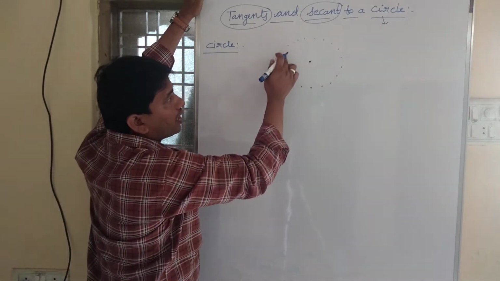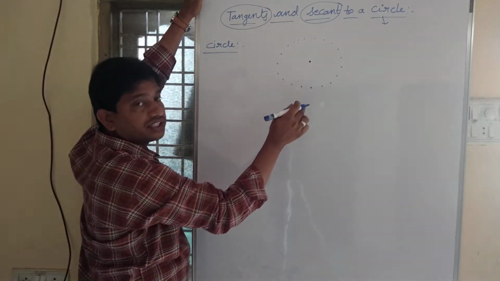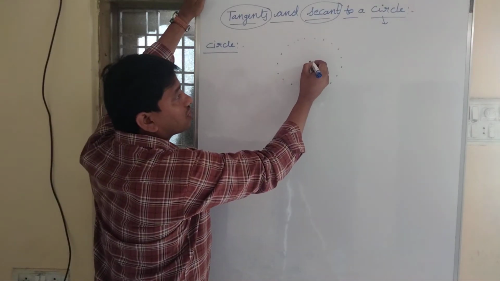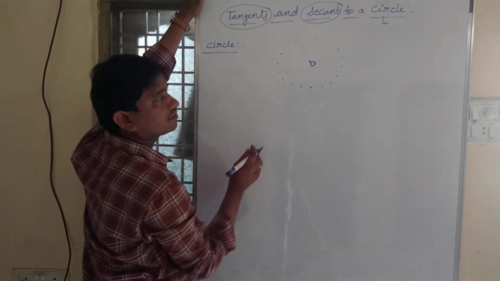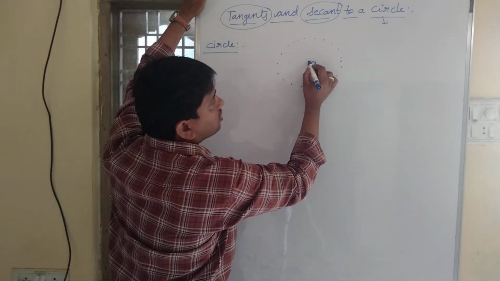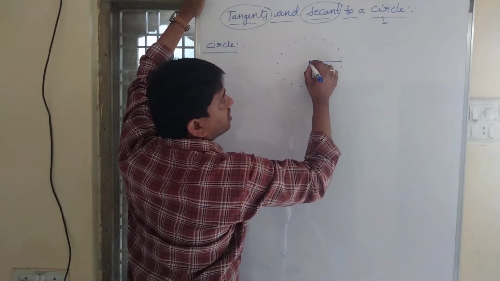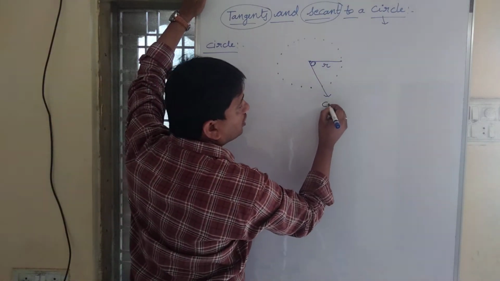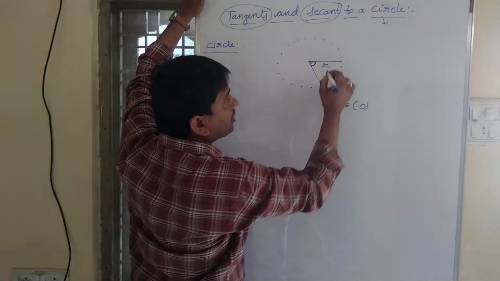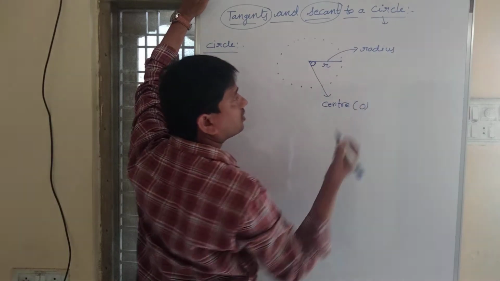That fixed point is called the center of the circle, and that fixed distance is called the radius of the circle.